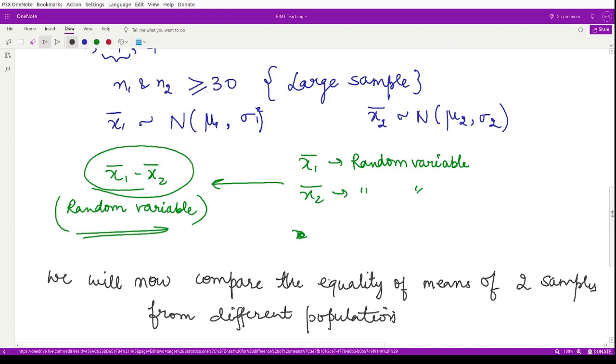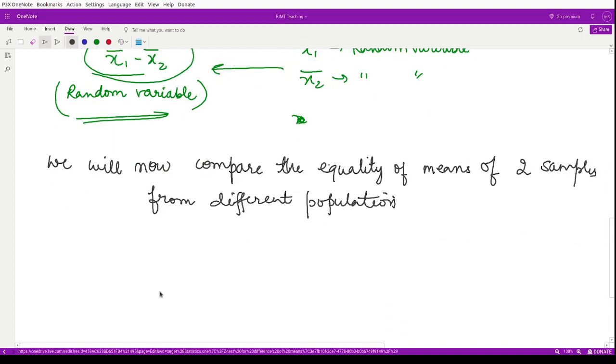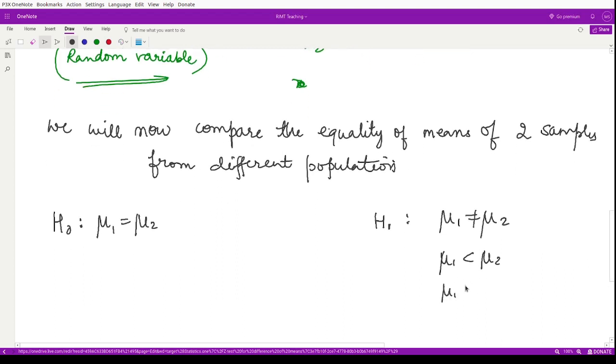Corresponding to this, our null hypothesis H naught would be that the means of the two populations are equal, and your alternative hypothesis would be that the means are either not equal, or the first mean is less than the second, or the first mean is greater than the second. These are the three possible cases.